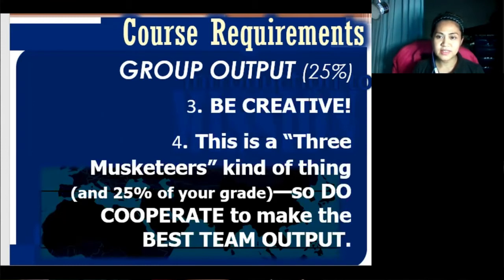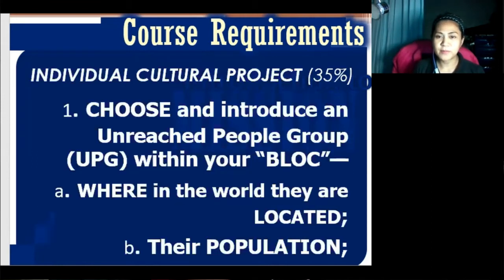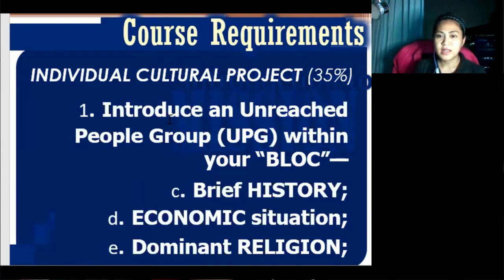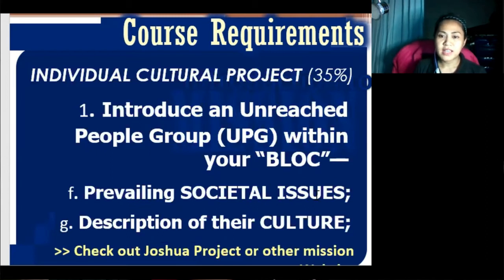So be creative. This is a Three Musketeers kind of thing, and it's 25% of your grade. So do cooperate to make the best team output. For your individual cultural project, which is 35%, you have to choose and introduce an unreached people group within your block: where in the world they are located, their population, history, economic situation, the dominant religion, prevailing societal issues, and a description of their culture.